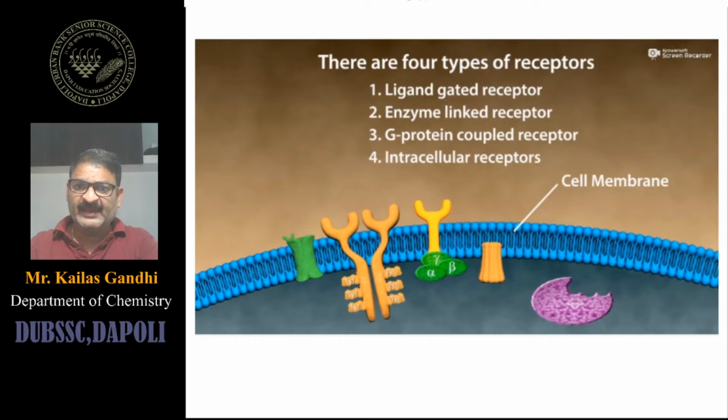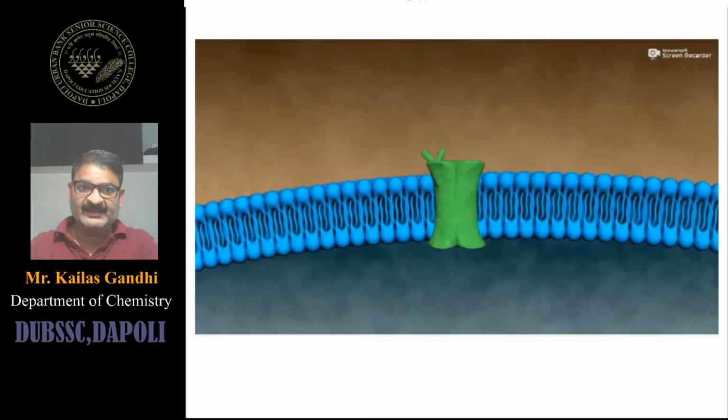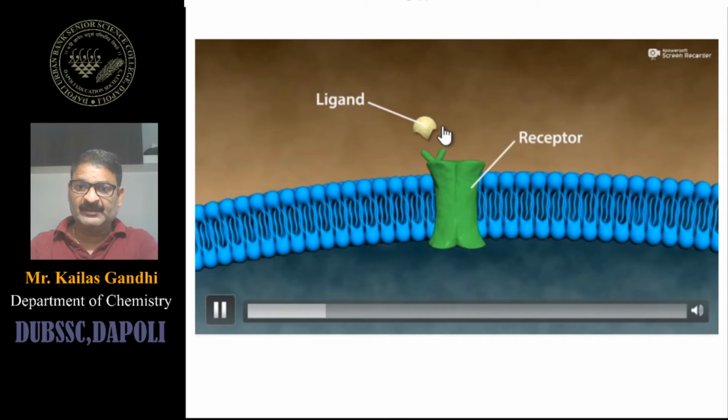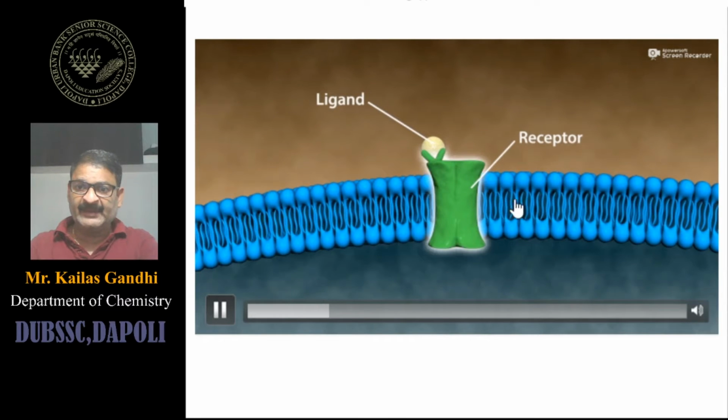When we consider the ligand gated receptor, this type of receptor is especially responsible for the transfer of hydrophilic ions inside the cell membrane. So this is an example of the ligand gated receptor.